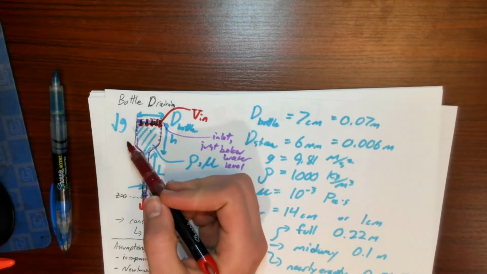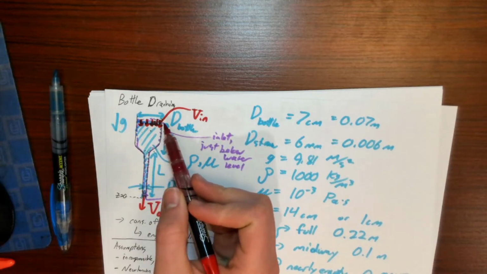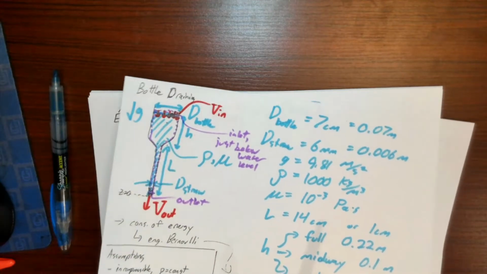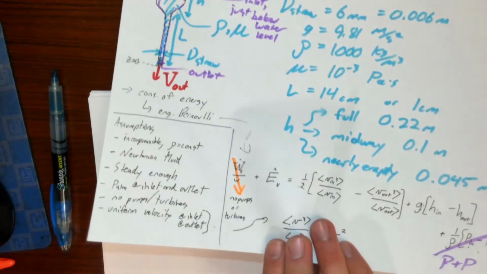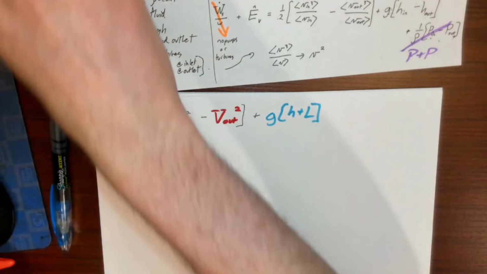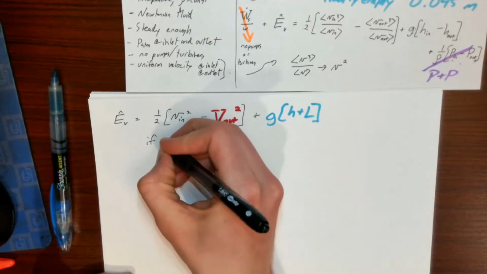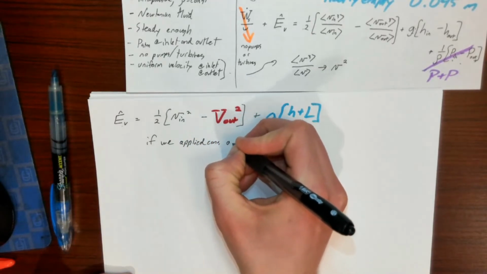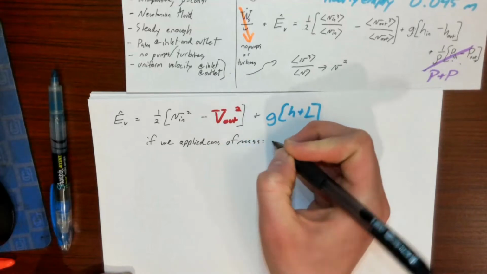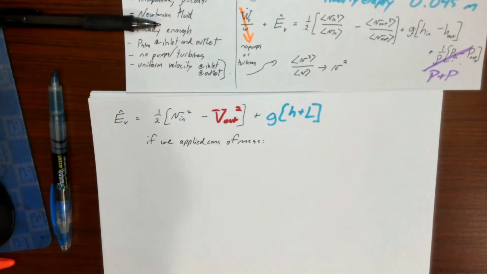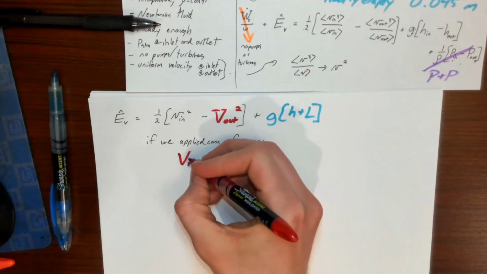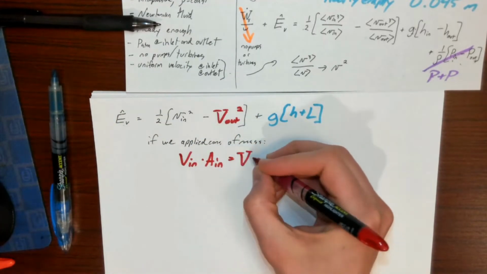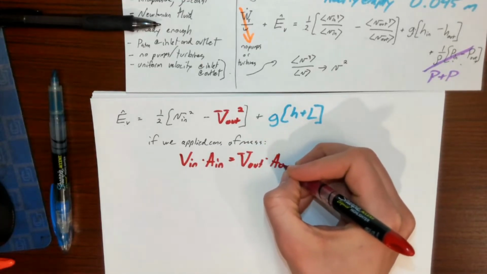I could go through the whole details of defining the control volume and doing v dot n and all of that, but in the interest of time, I'm going to cut to the chase. If you apply conservation of mass for an incompressible fluid, you end up with the velocity of the inlet times the area of the inlet equal to the velocity of the outlet times the area of the outlet.